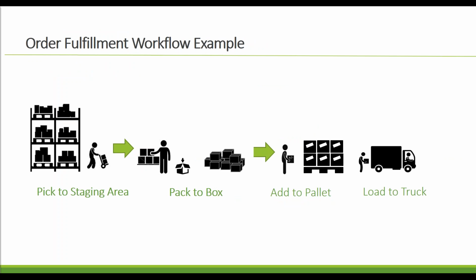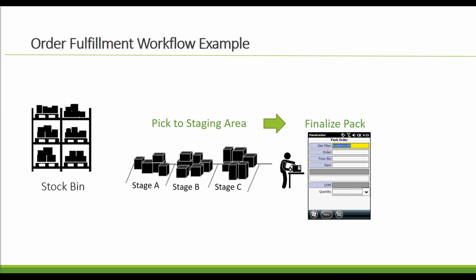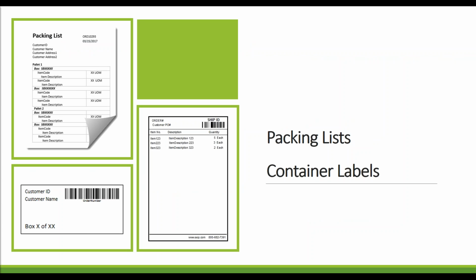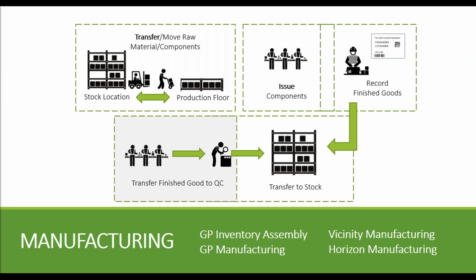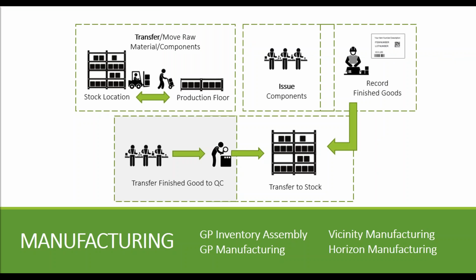And we've seen a lot of these different ways, so we're really good at defining the process that would work best for each of our customers as well. We also have an optional pick and pack that gives us some different back-end stuff as well. We also can print packing lists and container labels. So if that's something that you need to do, that can be automated as well.